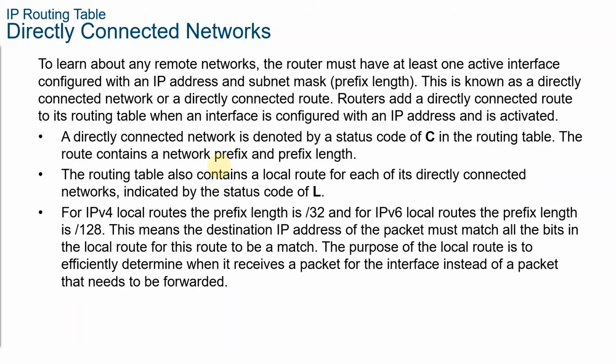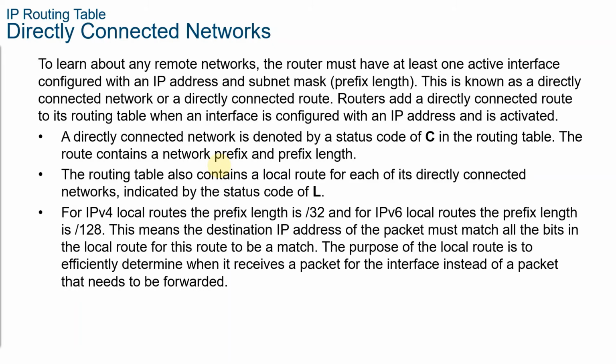Okay, so the routing table also contains a local route for each of its directly connected networks, indicated by the status code of L. This is the IP address that is assigned to the interface on that directly connected network.